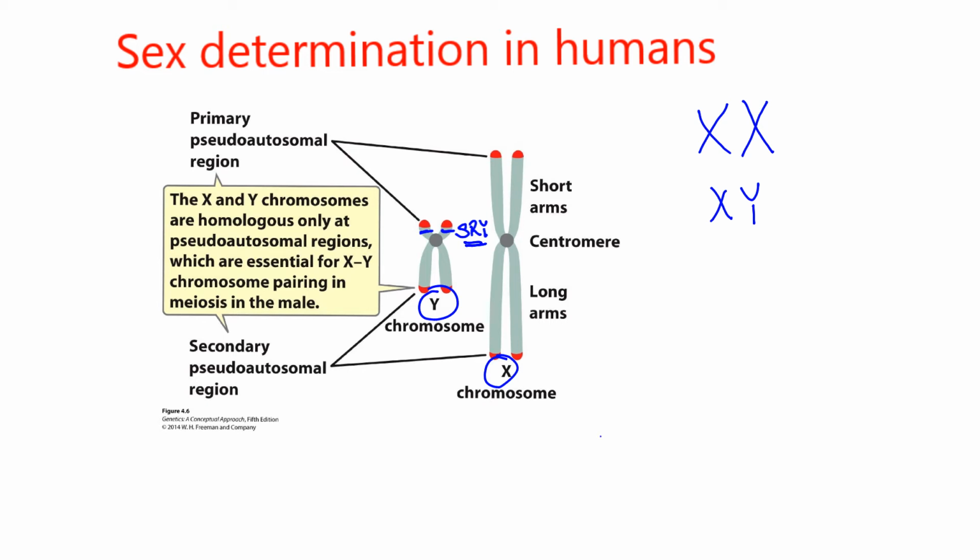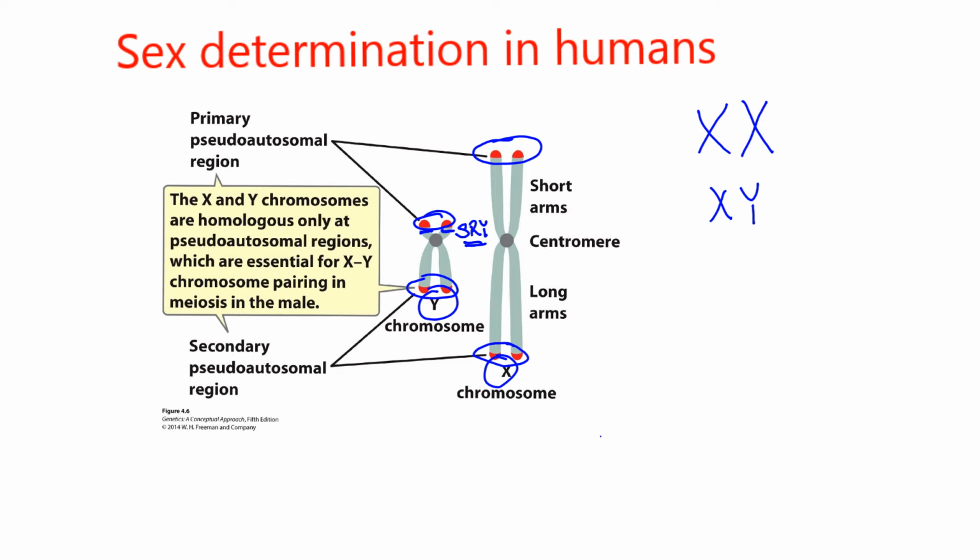And the answer lies in the so-called pseudo-autosomal regions, which you can find at the ends of both the X chromosome and the Y chromosome. The pseudo-autosomal regions are homologous regions which allow X and Y to align together on the metaphase plate. Not only that, they also allow very limited recombination between the X and Y chromosomes.